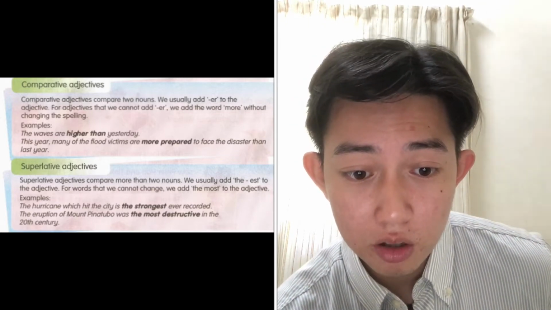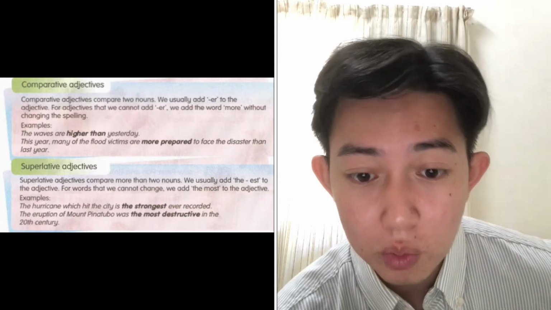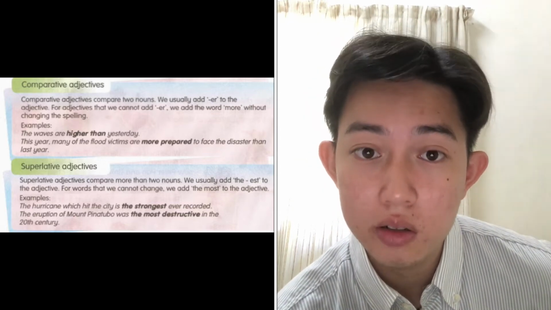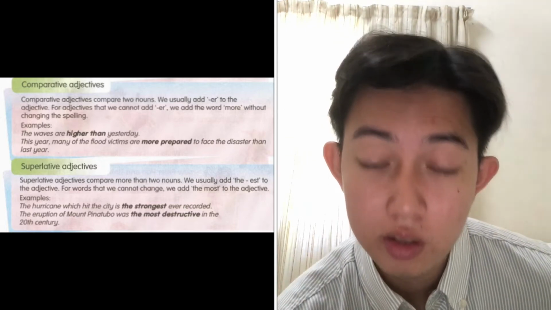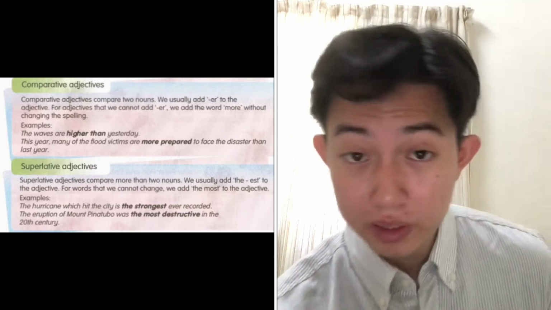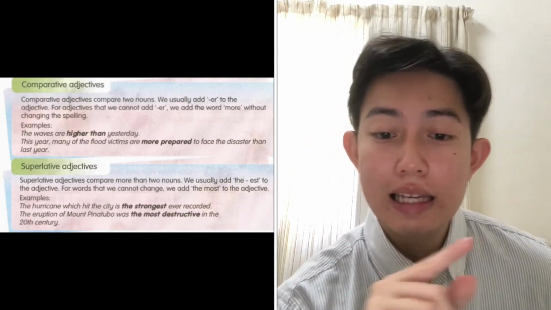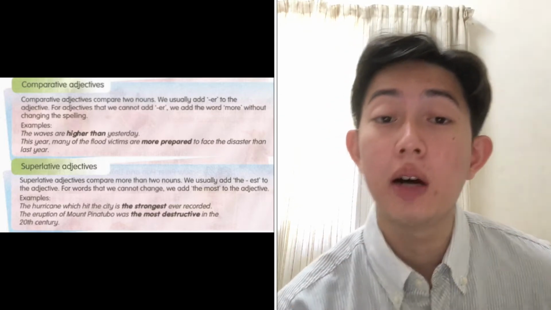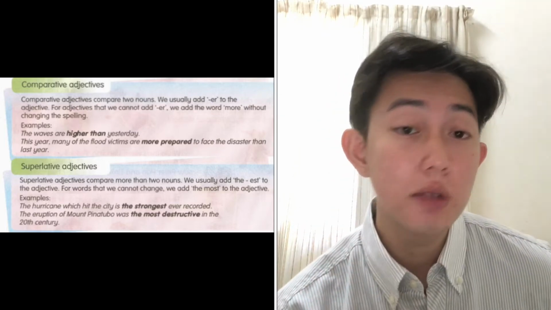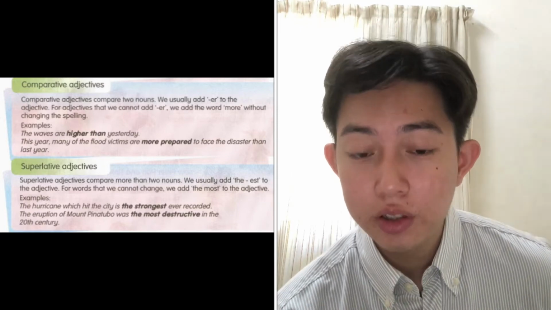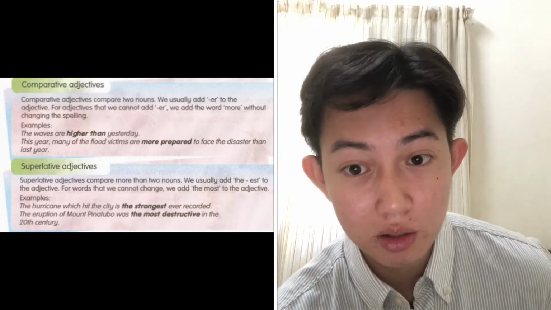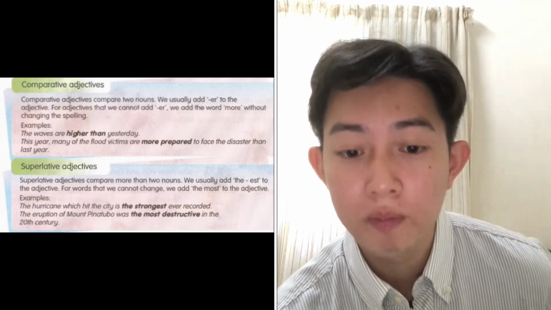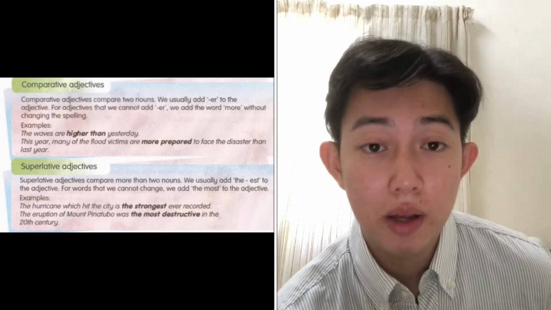The eruption of Mount Pinatubo was the most destructive in the 20th century. As I mentioned just now, when it comes to superlative adjectives, you add est behind it. Like strong becomes strongest, weak becomes weakest. However, for words like destructive, or beautiful, prepared, we cannot change the spelling.